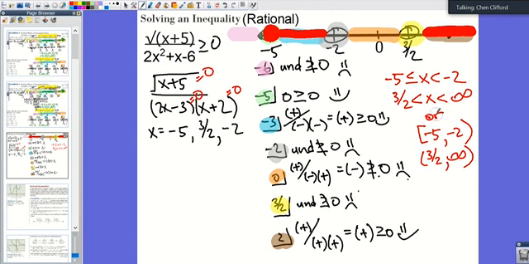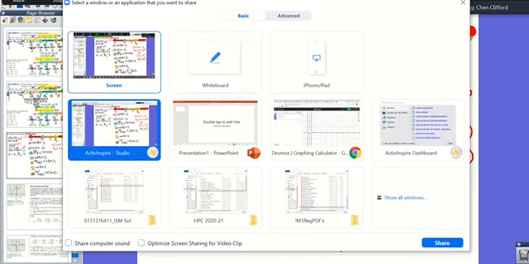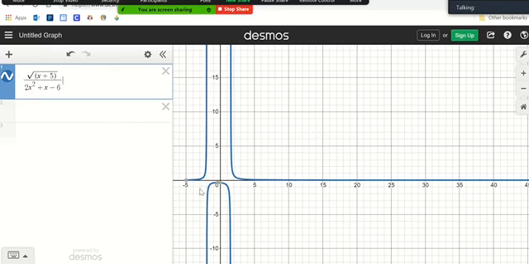Okay, now let's go ahead and just double check this on Desmos. So in between -5 and -2 should be greater than or equal to 0. In between -5, -2, -5 inclusive. Let's go check that out on Desmos. All right, and that works out.